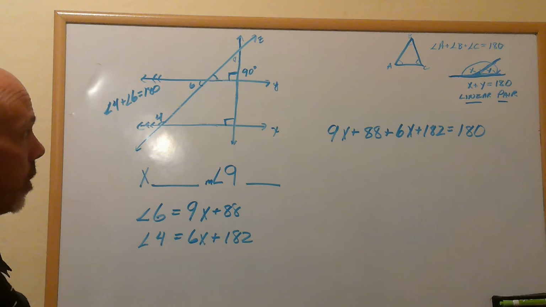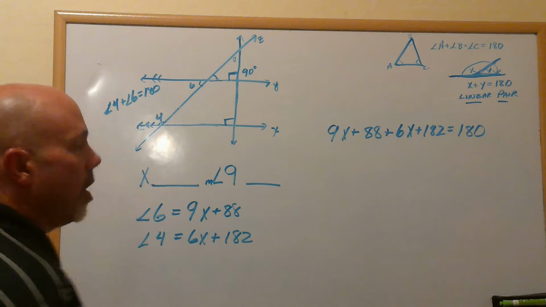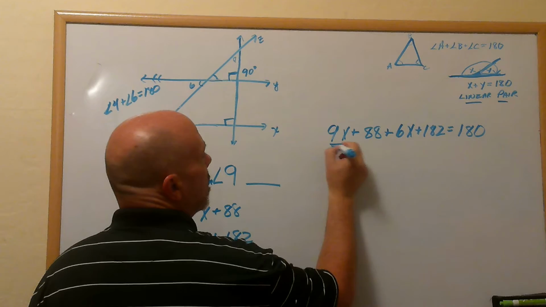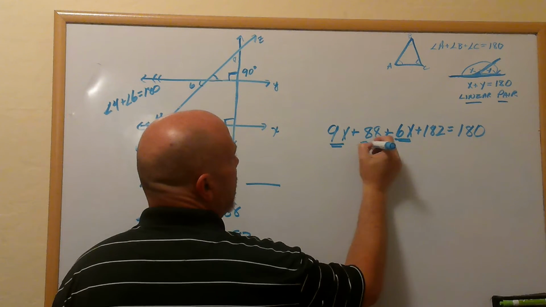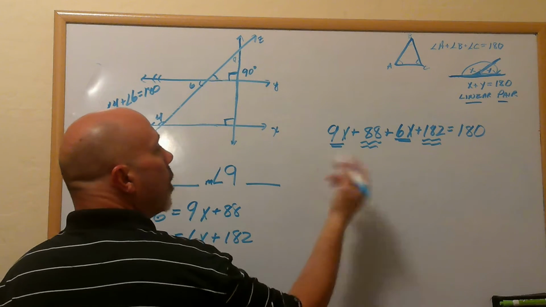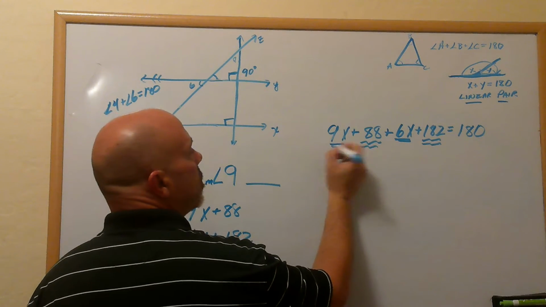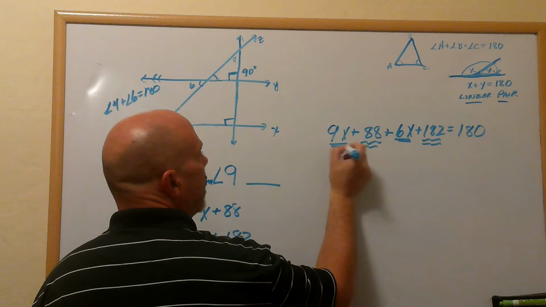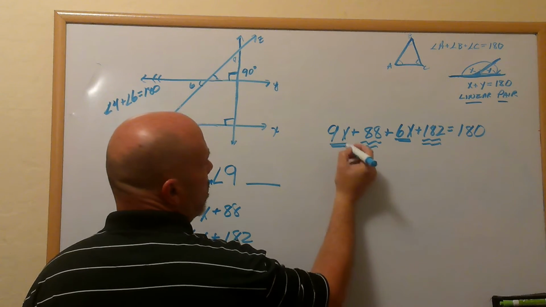The next step, of course, would be to combine like terms and then solve for x. The first step is identifying which terms are alike. As I mentioned back when we went through that lesson, what works well for me is to use some sort of marking to identify my like terms. I'm using a double underline.